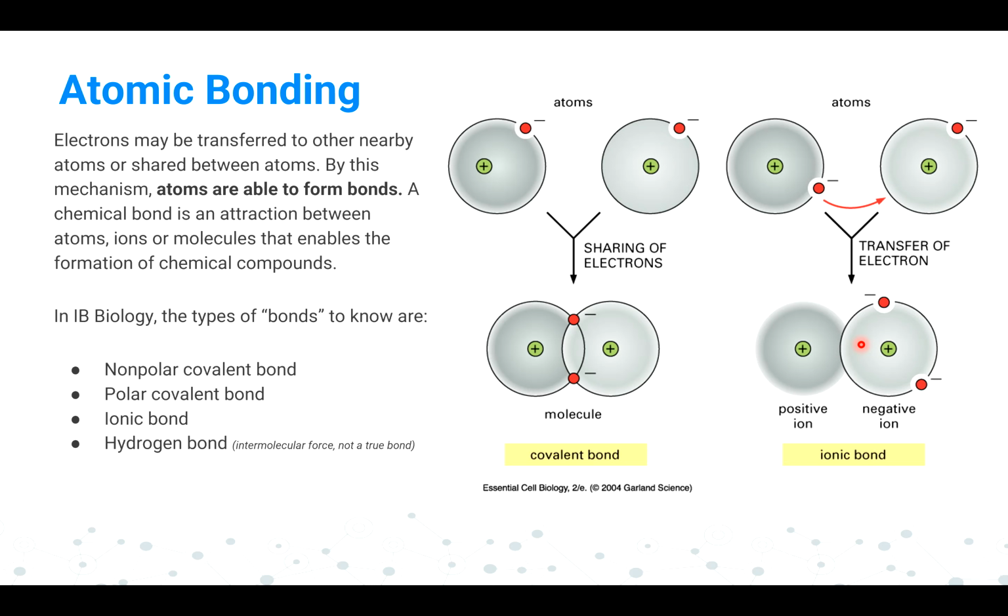And due to this bonding, you will get a non-polar covalent bond, polar covalent bond, ionic bond, and hydrogen bond, right? Now, when we say non-polar covalent bond, that means it is a covalent bond but there is no charge formation. Take the example of O2.